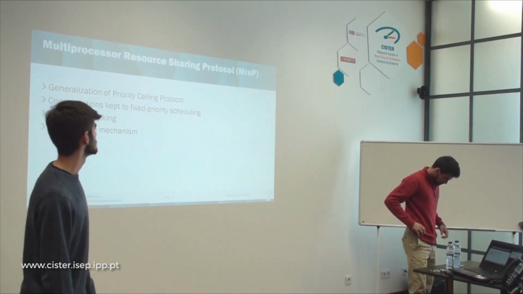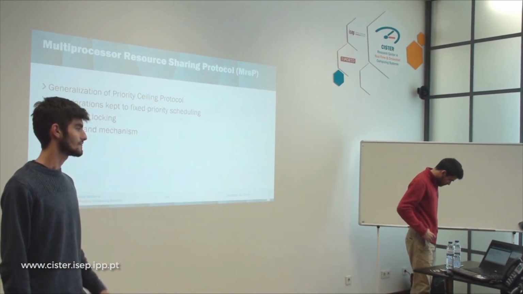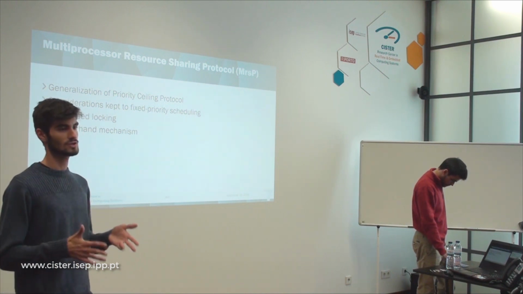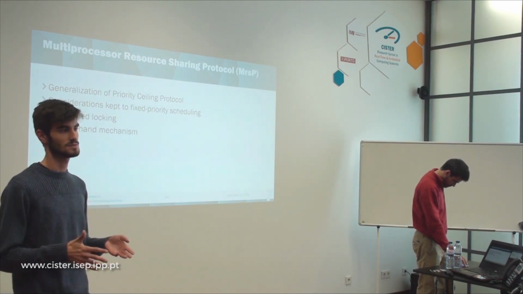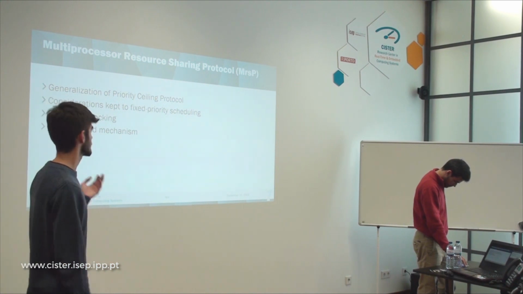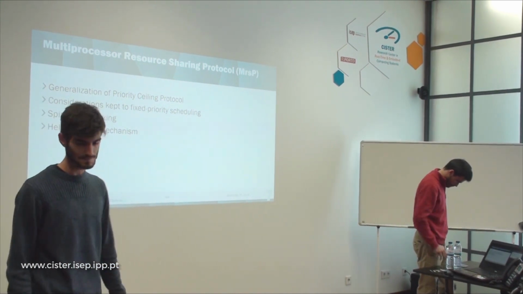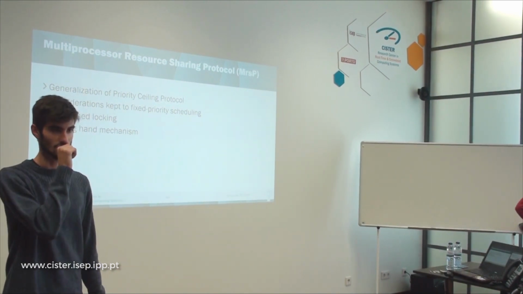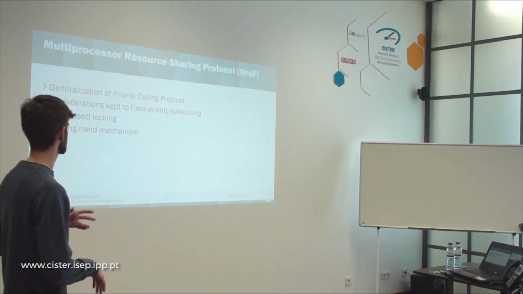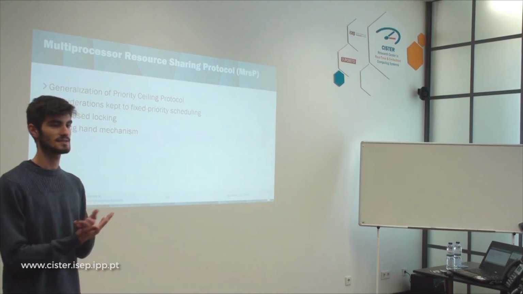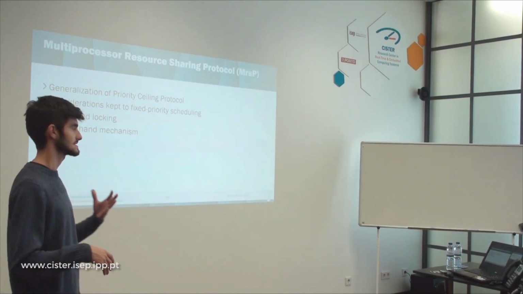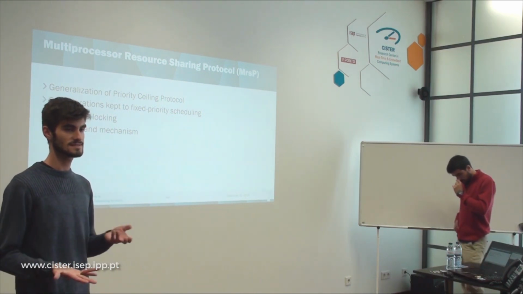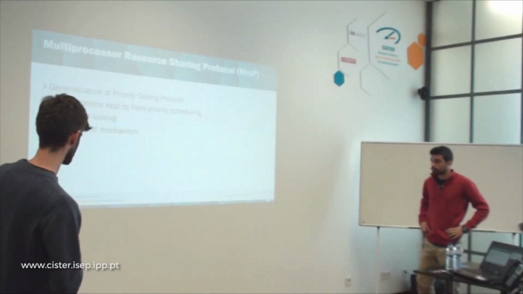So the FTMs currently offer support for two of the more recent locking protocols presented, which are the MRSP and OMIP. The MRSP is a generalization of the priority ceiling protocol. We define a ceiling priority, and the tasks that contend to access a mutex have their priority raised to this ceiling priority.